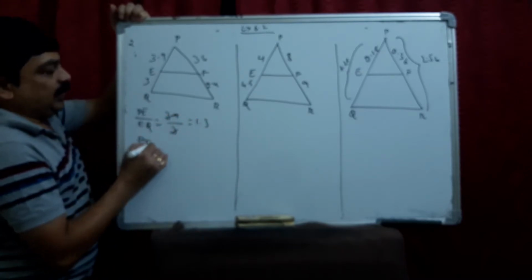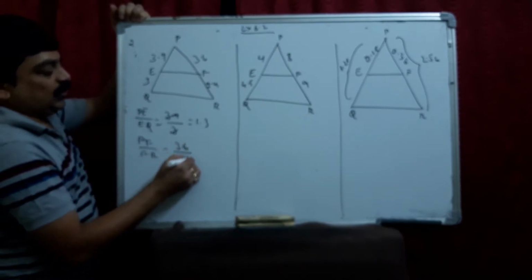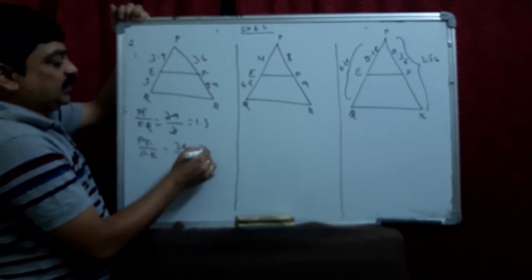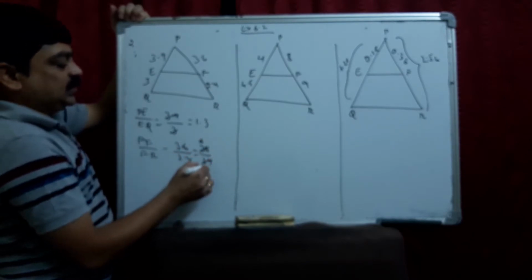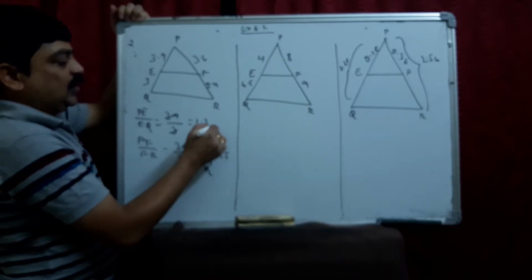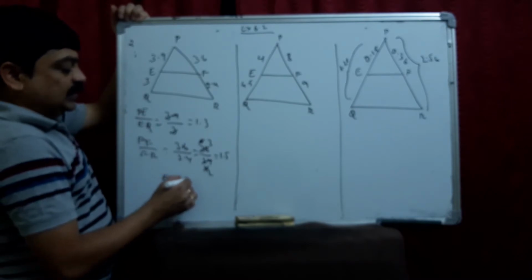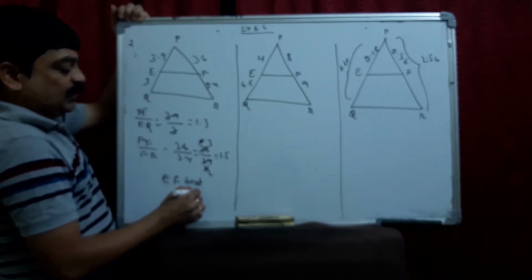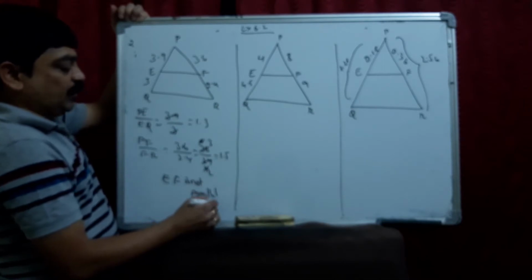And PF by FR, 3.6 by 2.4. If I write 36 by 24, 6 sixes, 6 fours are 24, 2 twos, 2 threes, 3 by 2, it is 1.5. Both are not equal. Therefore, EF is not parallel to QR, according to the converse of BPT.